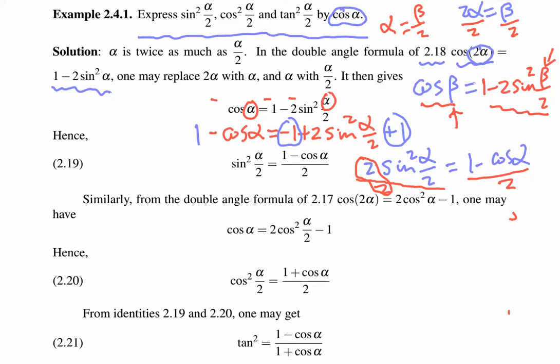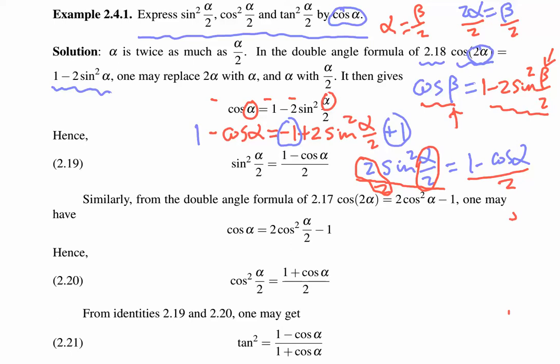Normally we call this a half angle formula. But you do not want to remember the half angle formulas, as there are too many formulas. This is the way we actually derive the half angle formula.